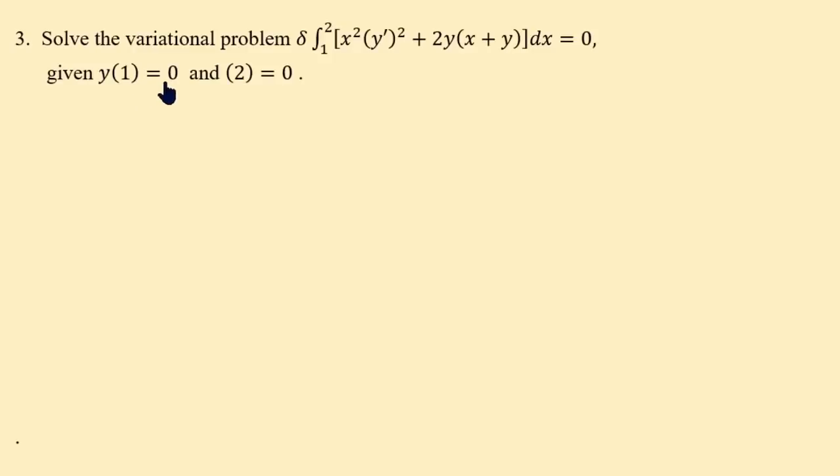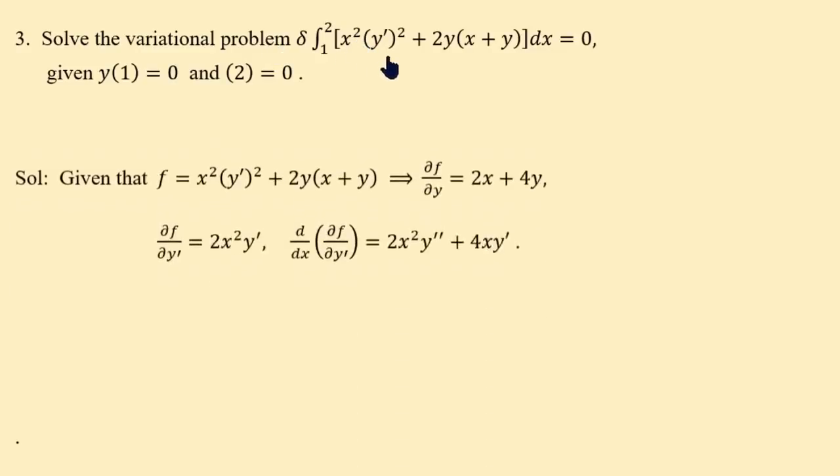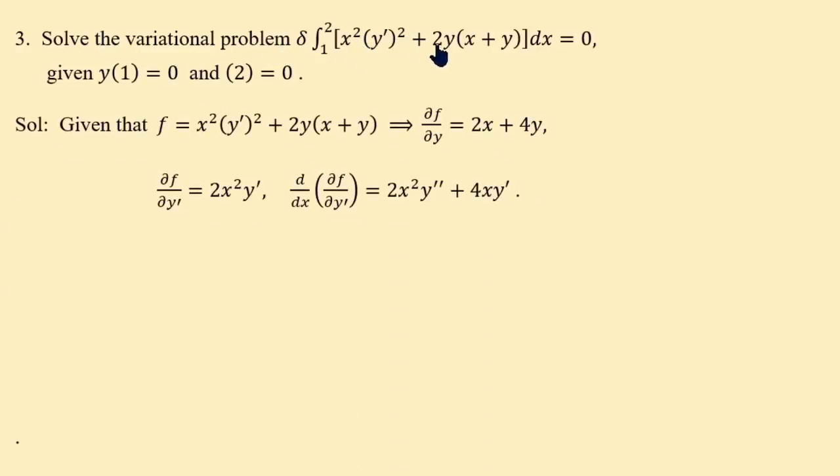Given that y at 1 is 0 and y at 2 is 0. Now, how to solve this function? Here f is x square y dash square plus 2yx plus 2y square.